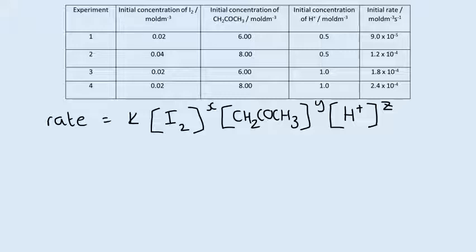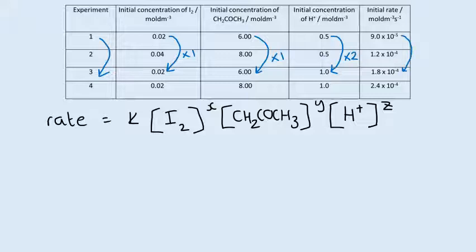If you look through there, experiments 1 and 3, that's remaining the same, and that's remaining the same. So comparing experiments 1 and 3, the concentration of H+ is doubling. What's happening to the rate?